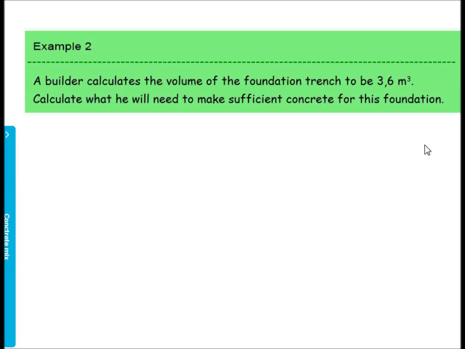Right, so from that ratio, we can see that we have 1 meter cubed of concrete. And to make that 1 cubic meter of concrete, we needed 5,8 bags of cement.